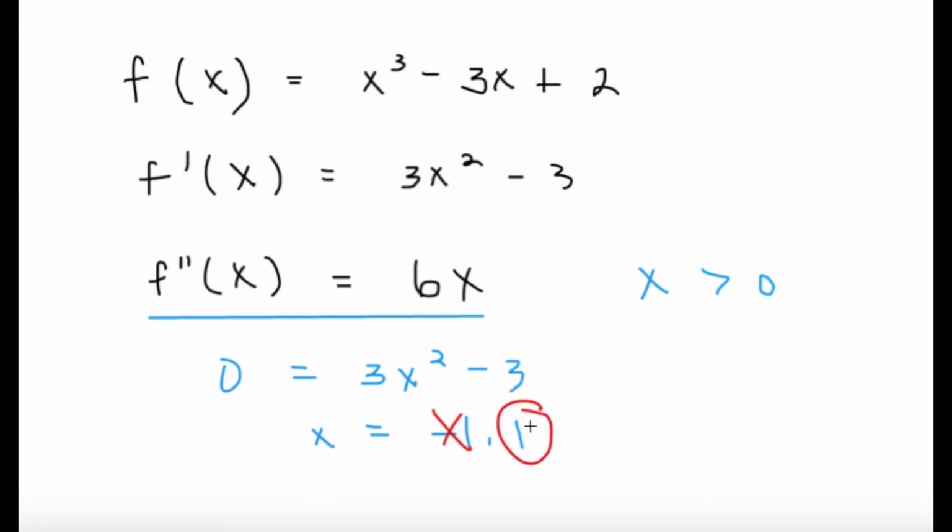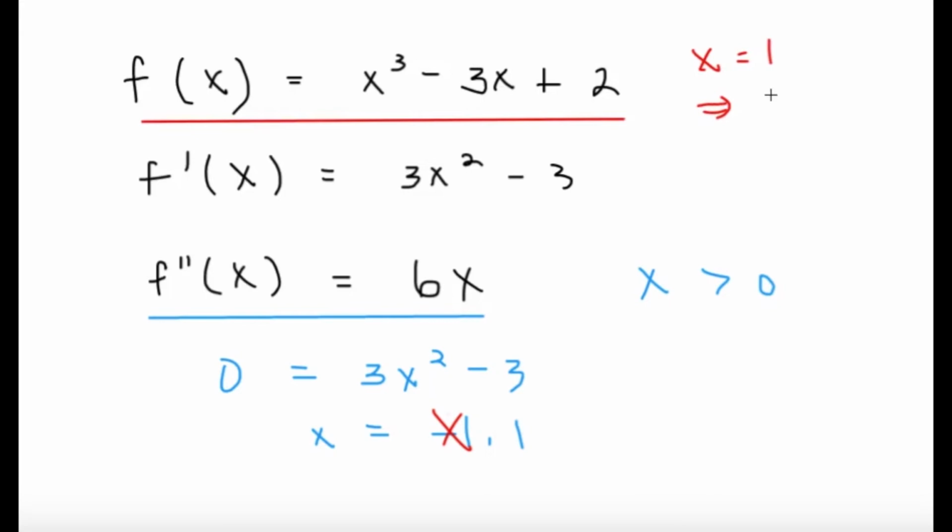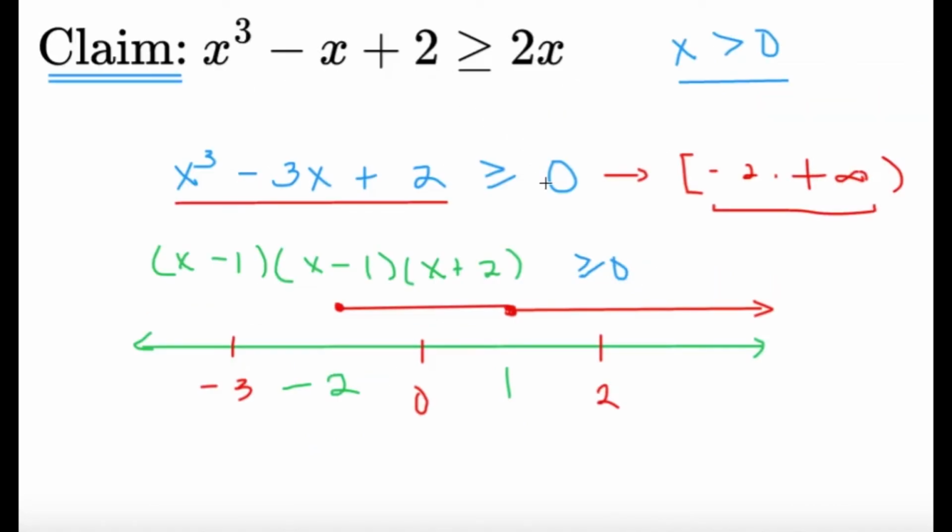And apparently, the minimum value of f of x for x greater than 0 happens at x equals 1. If x equals 1, that's going to give us f of x being equal to 0. So the minimum value of f of x is 0, and we can get the same result. Since the minimum value of f of x is 0, x cubed minus 3x plus 2 is going to be greater than or equal to 0, at least for all positive real numbers x.